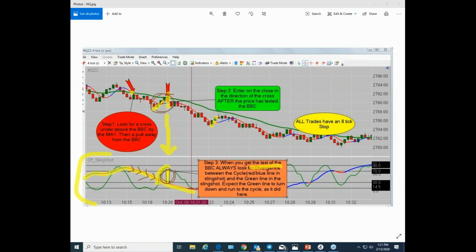So is price, right? And then ultimately that green line is going to work its way into the cycle. And guess what? Price is going to follow along with that. When the green line touches the cycle, this is the point where we cut the trade loose. Get out of it. Why? And this is why the trade exists down in the slingshot.